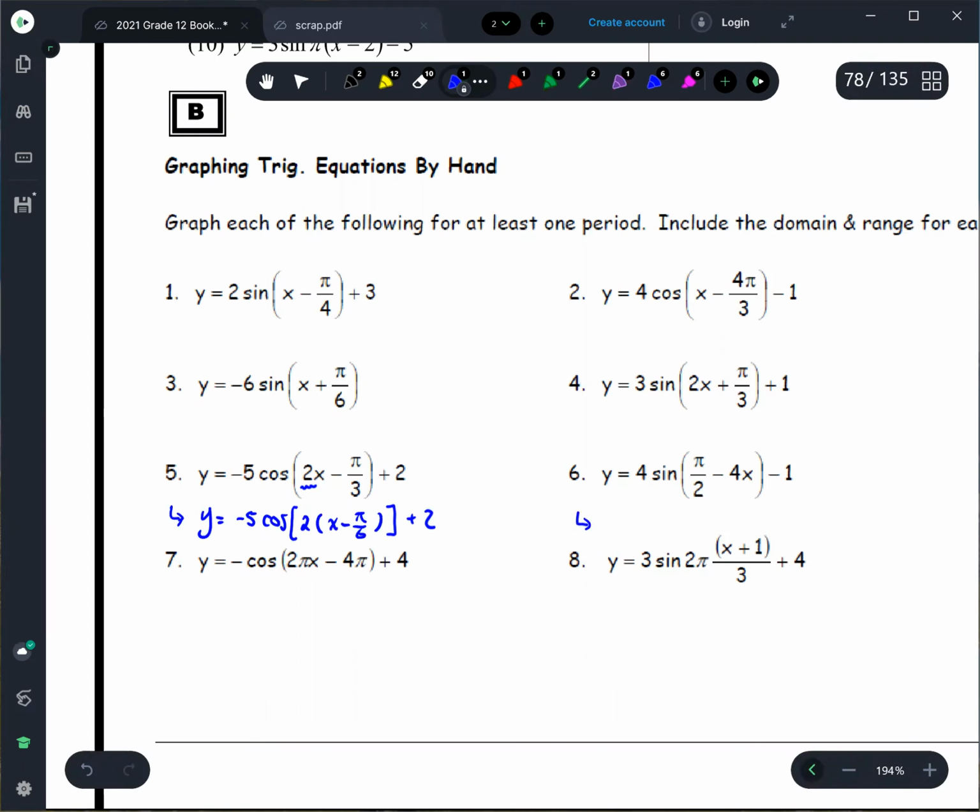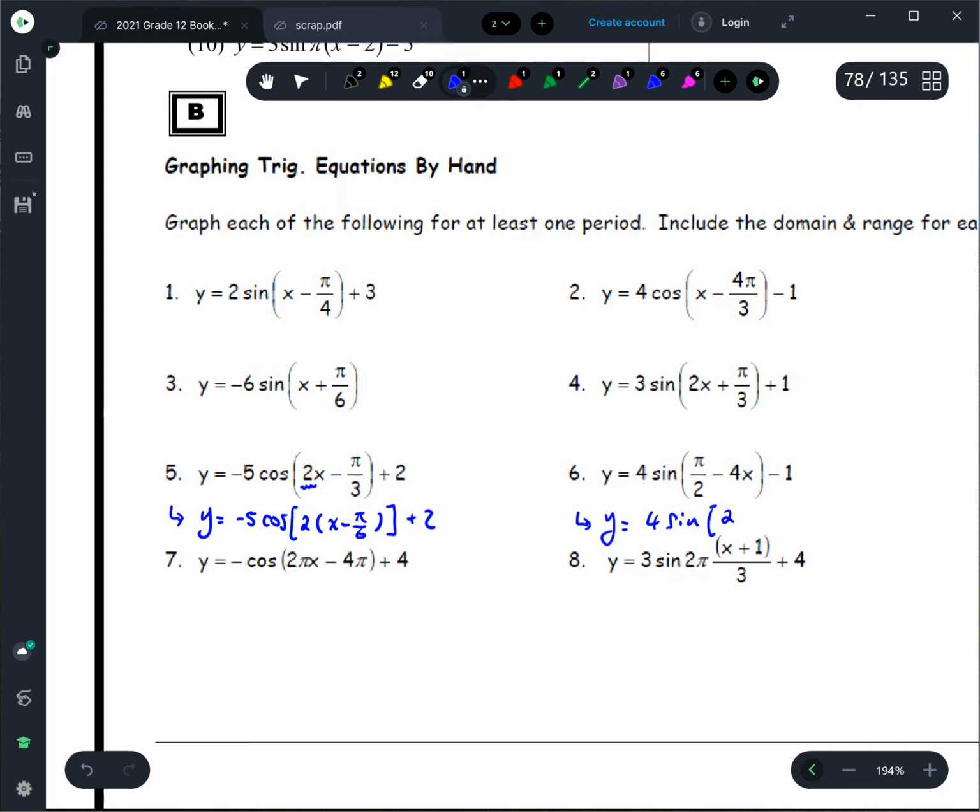Number 6. Okay, Angela, what's the general form for this one? Angela? Y equals 4 sine bracket 2 bracket 2.